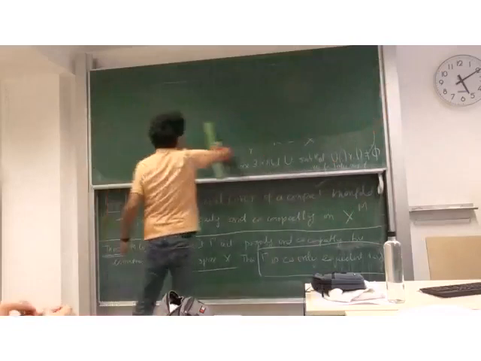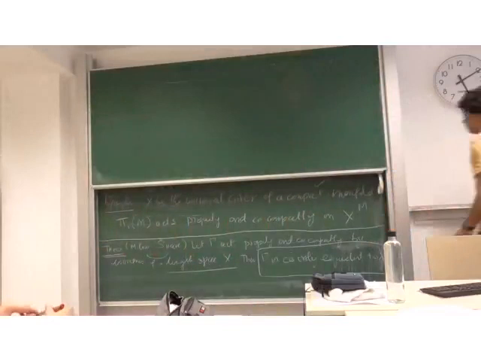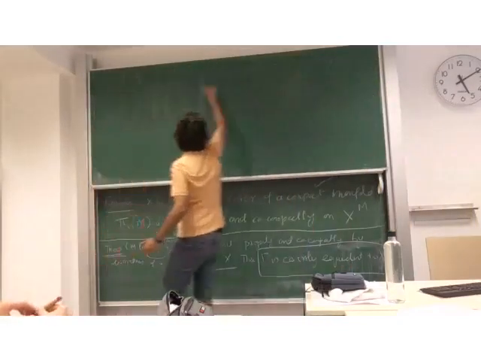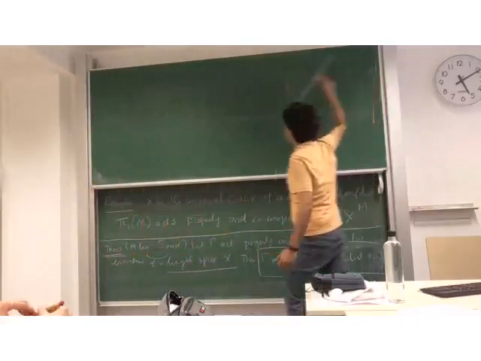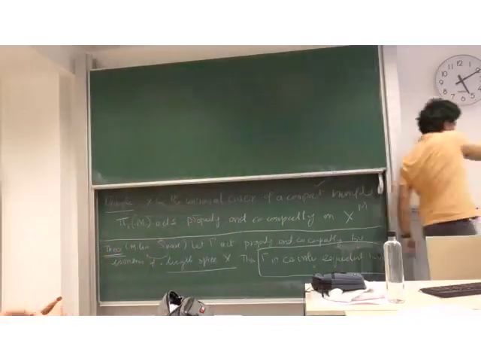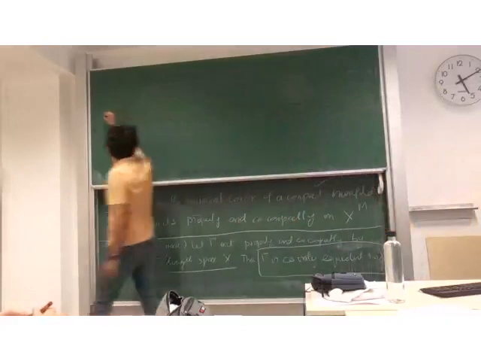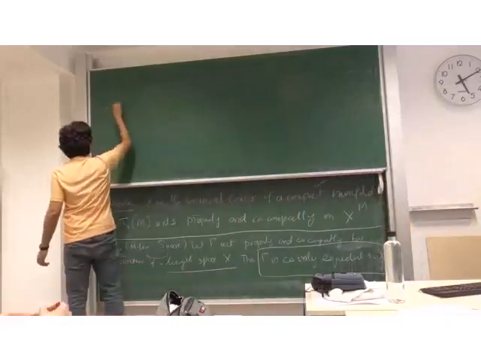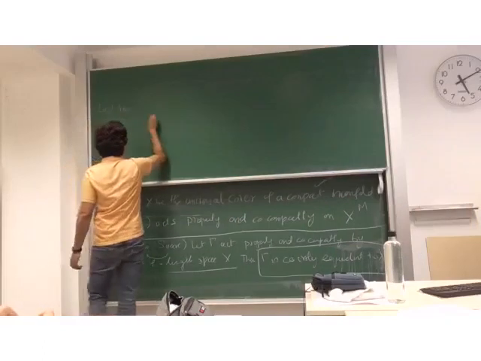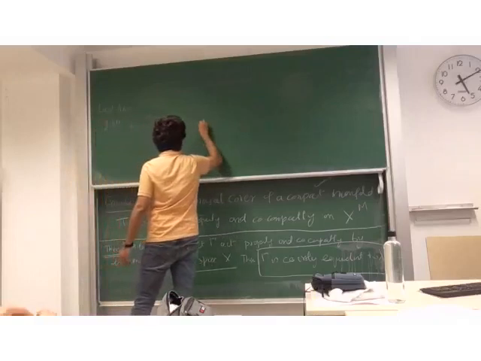So in the first lecture, what did we prove about the hyperbolic space? We proved that the hyperbolic space H^m is Gromov hyperbolic, although I don't think I used the word like that.